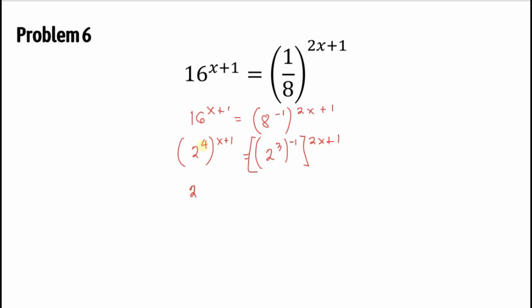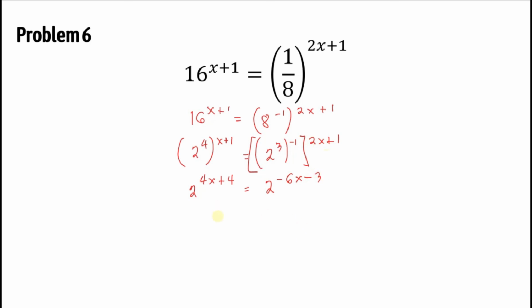So we have 2, then multiply 4 times x, 4x, 4 times 1, 4. Then we have 2, 3 times negative 1 is negative 3, times 2x, negative 6x, 3 times negative 1, negative 3, times 1, negative 3.